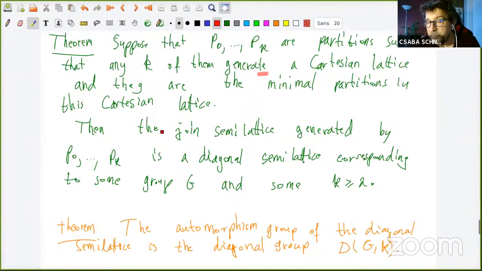So this concept of diagonal semilattice can be defined using a completely axiomatic approach without starting with a group, and if you have such a structure, the group will emerge from this data.